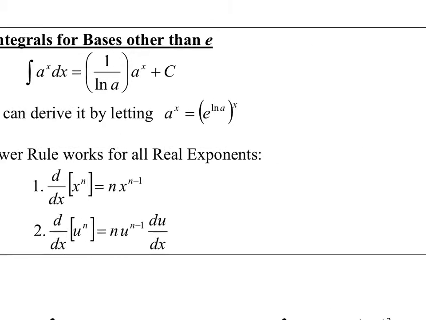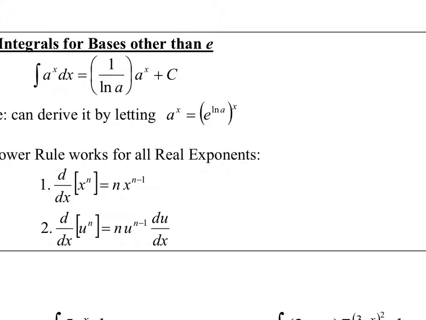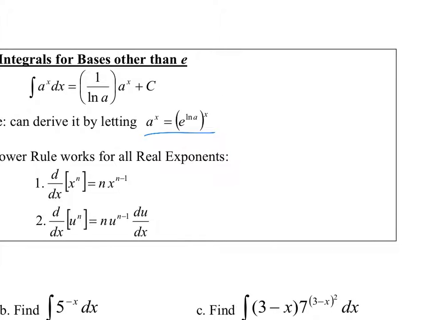Now we can derive this, if you look at this little tip here that they give us. Let's actually do the derivation of this. We have the integral of a to the x dx, and that's equal to e to the ln of a.